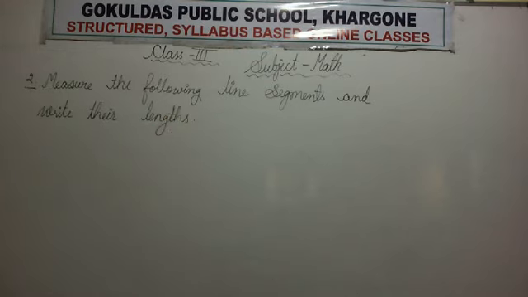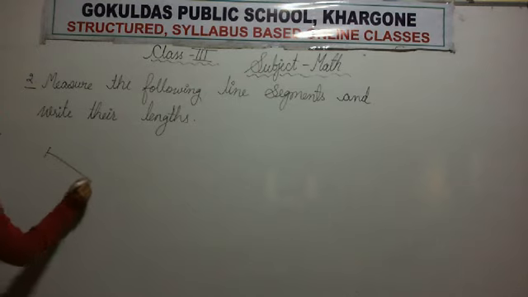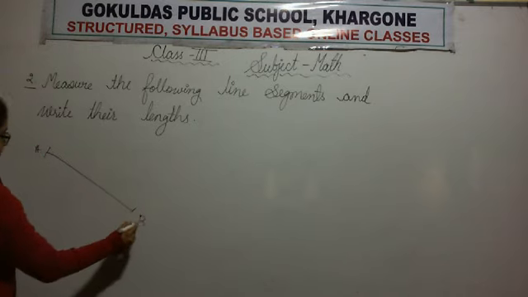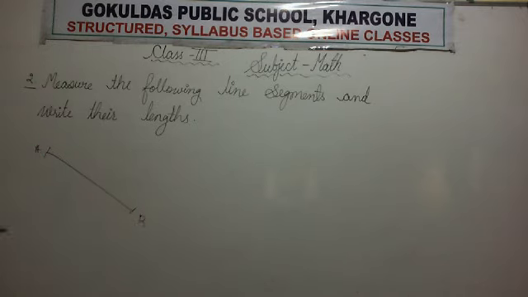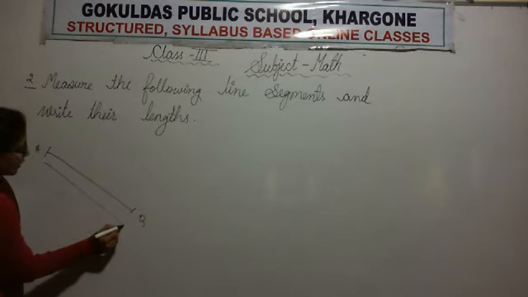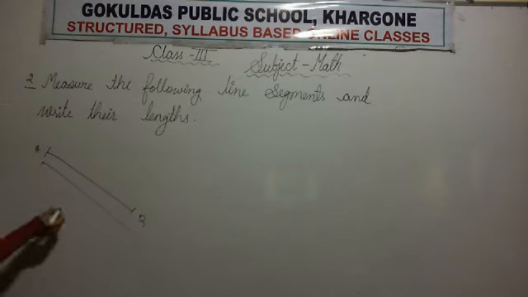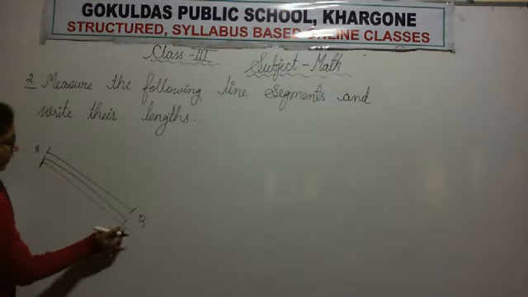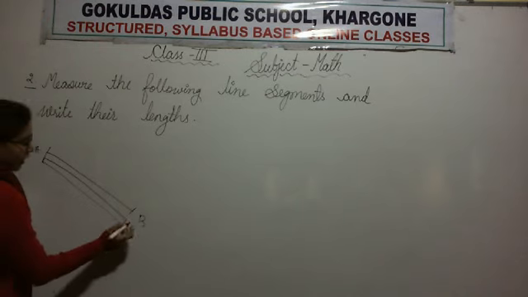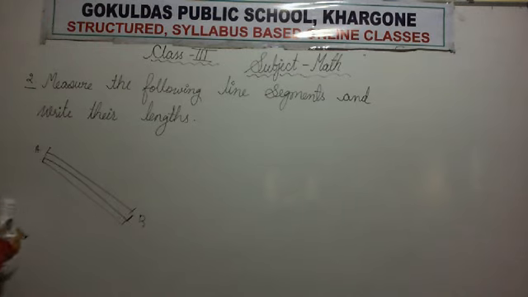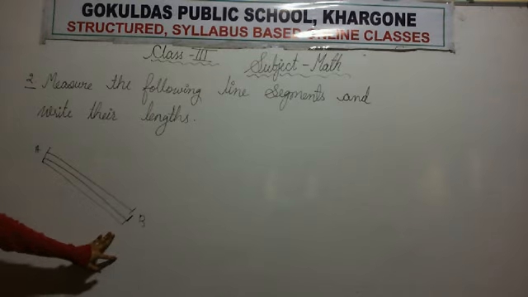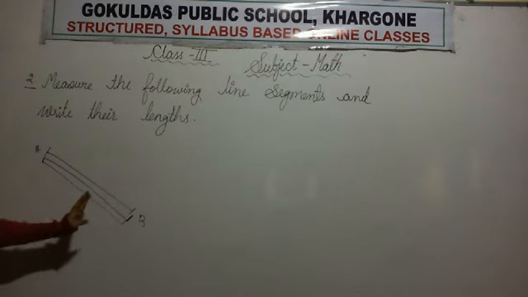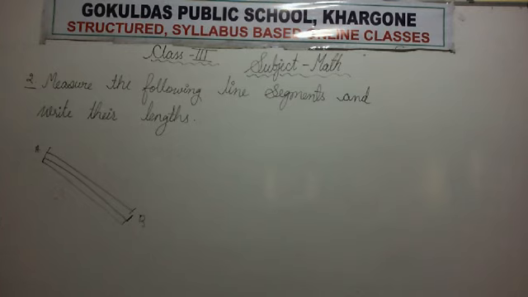So the first segment they have given is AB. Now what you will do? Put a scale like this and starting from point A, put the scale in this manner and mark the point of point B. And now see what is the number and how many point lines after the bigger number there are.